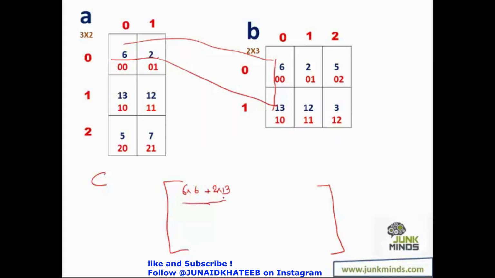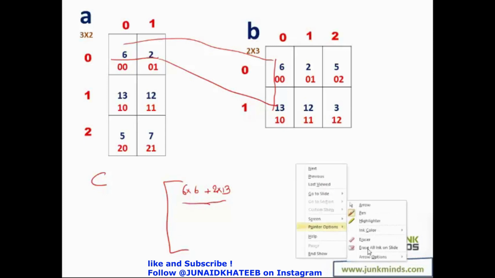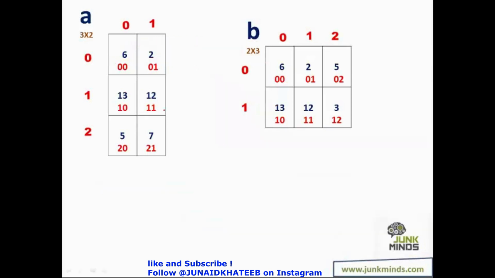The rows of the first matrix will be multiplied by the columns of the second matrix. That information is very important for us. So we'll first take this, multiply with this, take this, multiply with this, and so on, and I will get a resultant matrix C. So whenever I multiply two given matrices, my resultant is also a matrix. So that is the information.